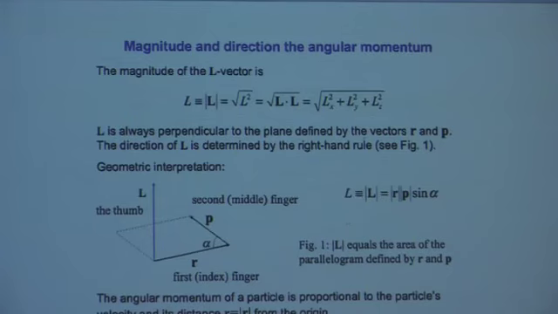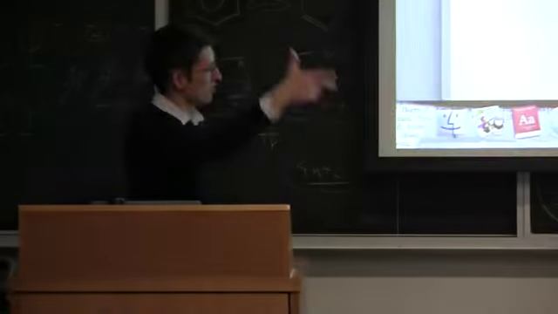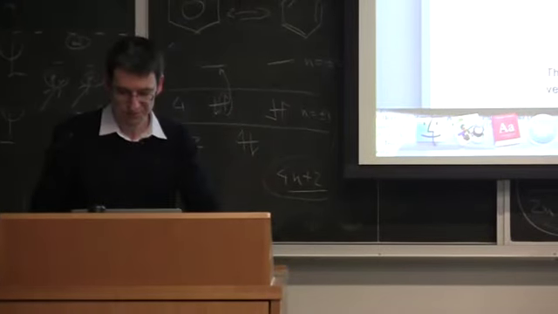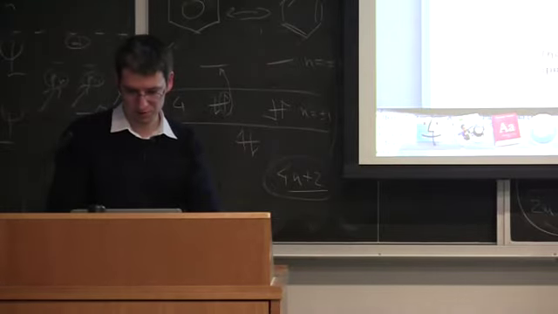And now here is some algebra, or some geometry, that you probably have seen before. It's the right-hand rule for the cross product, where, since L is a cross product, R and P are oriented like this, and L then looks up. If they are oriented like that, then L looks down. So this will not be very important for us.